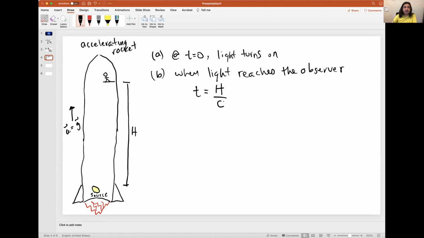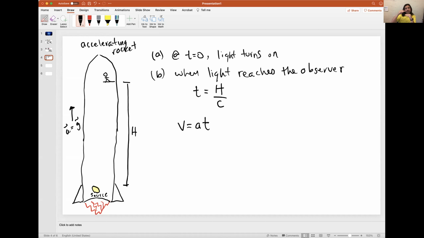Okay, so now another thing that we know is that the rocket is moving. And we know that the velocity of the rocket is going to be the acceleration times the time that this rocket was moving, right?